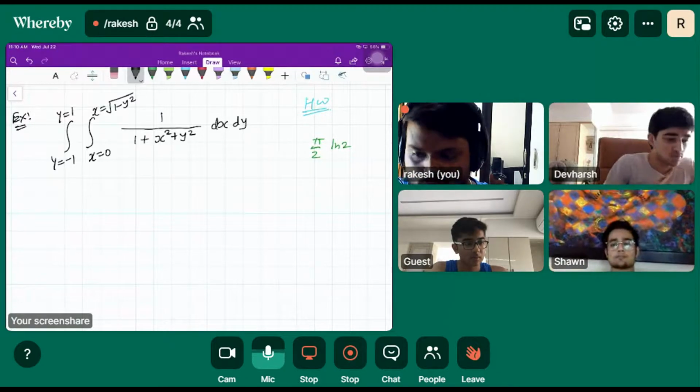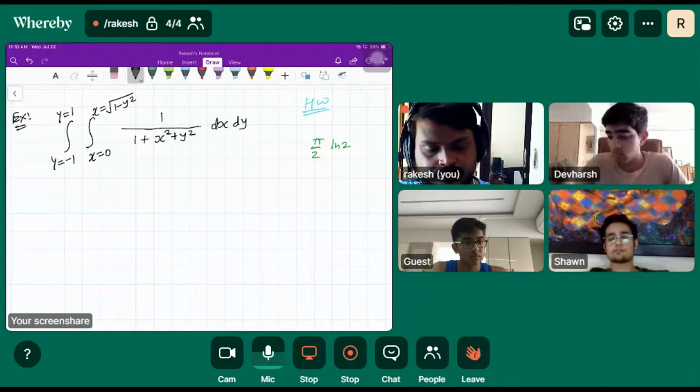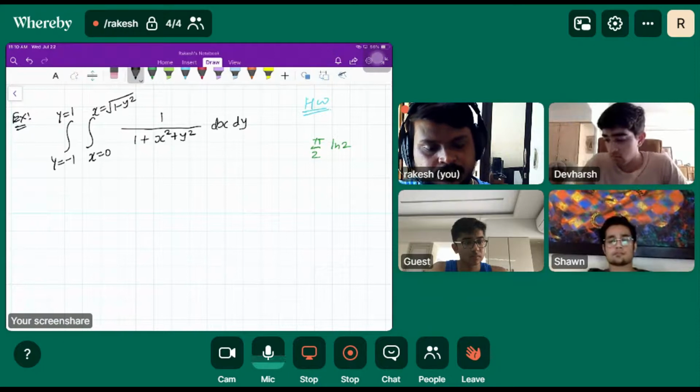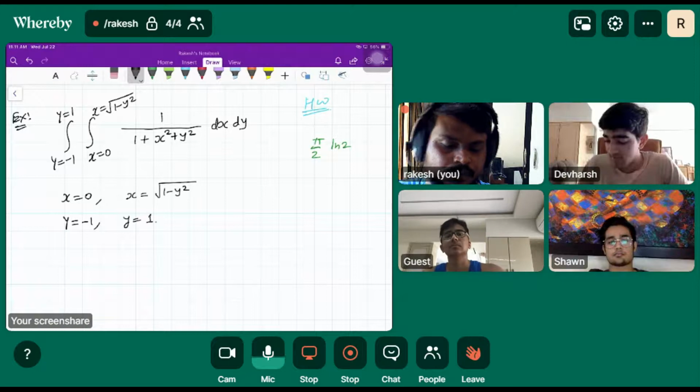So how do we find out the region here? See, x is equal to 0 and x is equal to root 1 minus y square, and y is equal to minus 1 and y is equal to 1.